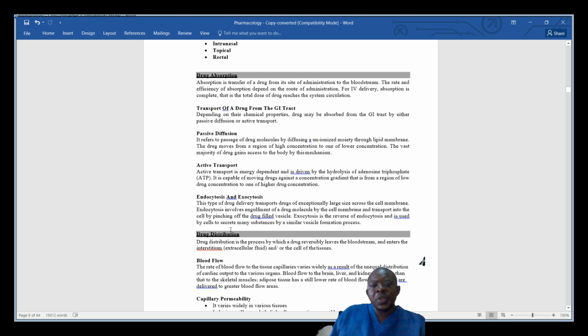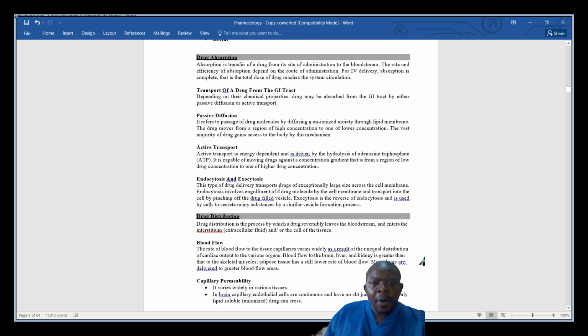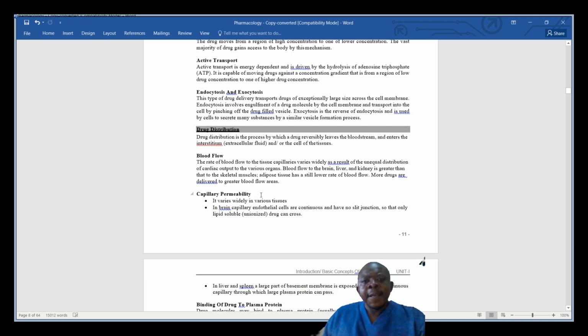If the molecule is big, then it will be taken up by the cell using endocytosis through engulfment of the molecule so that it is used, or exocytosis, where the cell releases certain substances so that the drug can be used.